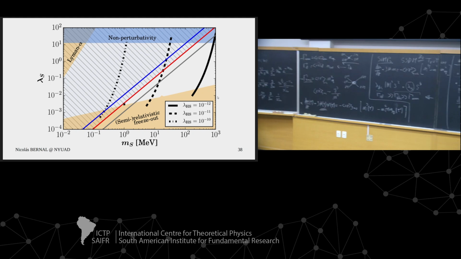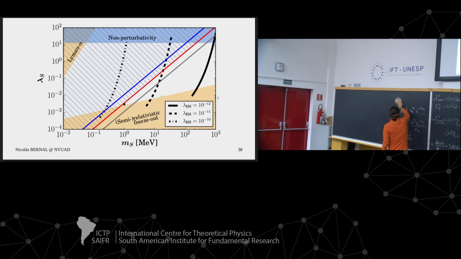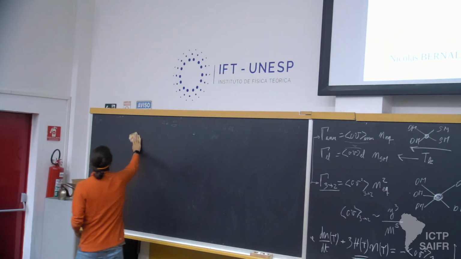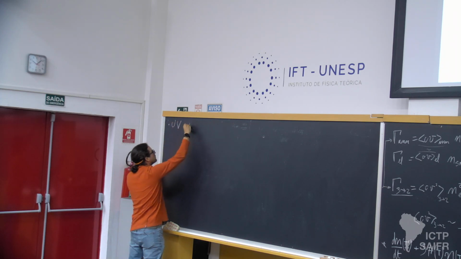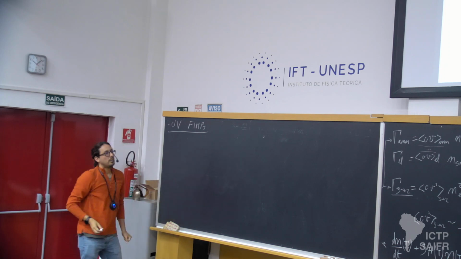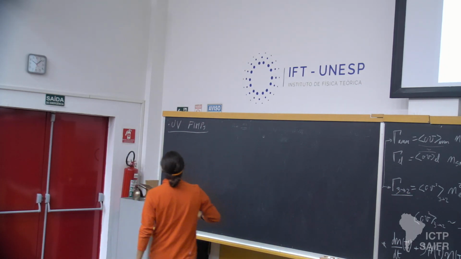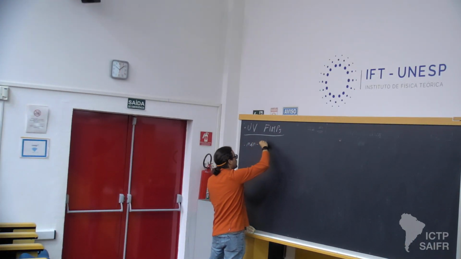Now, if there are infrareds, surprise, surprise, we have ultraviolet FIMPs. And we'll use a parallel with respect to the infrared. So I start from renormalizable; we'll have non-renormalizable operators.